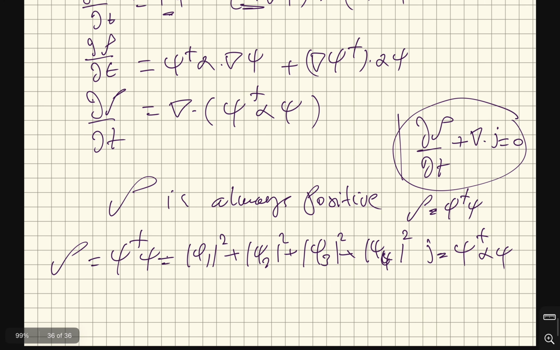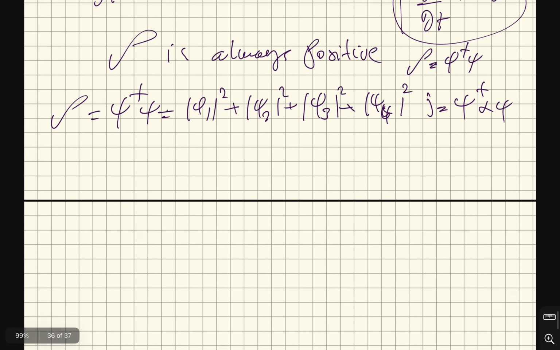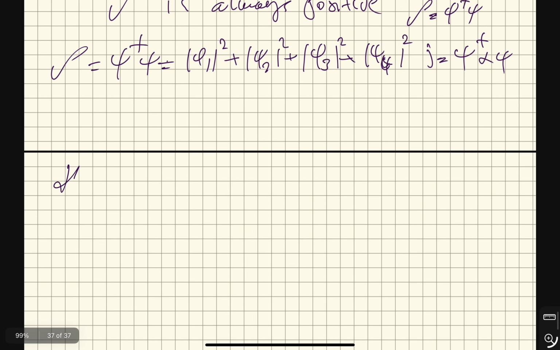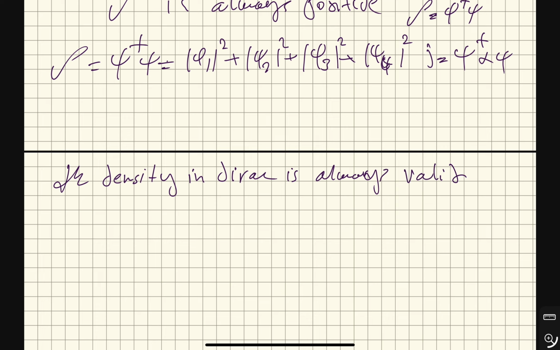The sum of the squared magnitudes is always positive. This automatically validates the density, so the density is always valid. No need to reinterpret the charge density or anything. It works as a probability directly.